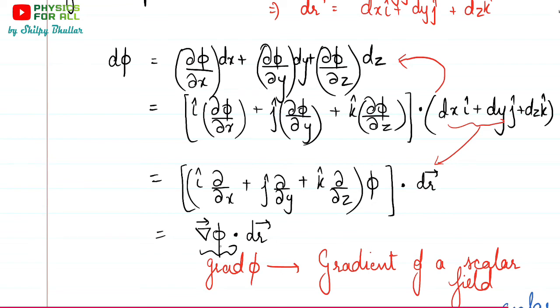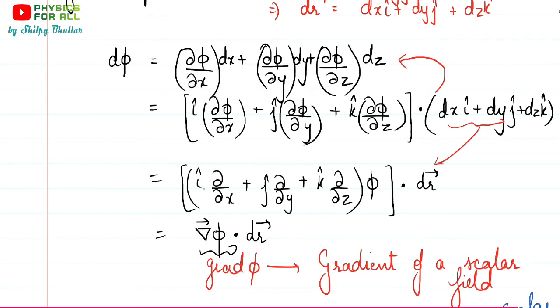All right, so now this del phi, and remember there is no sign in between because phi is simply placed here. It is not having a dot product with this whole quantity, the del operator. As I told before, this del operator is just an operator. In itself it is incomplete because it simply shows i cap, j cap, k cap.